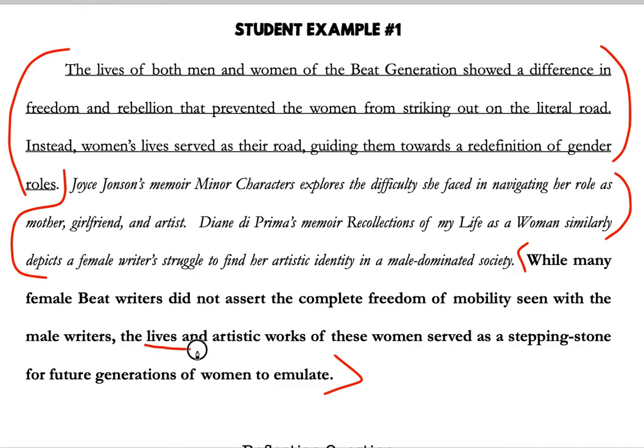So this shows that the women who wrote this type of literature, this beat literature, beat writers, provided or broke the path, made the path, set the path for generations of women to come. Okay, so it follows the structure that is being provided and that is effective.